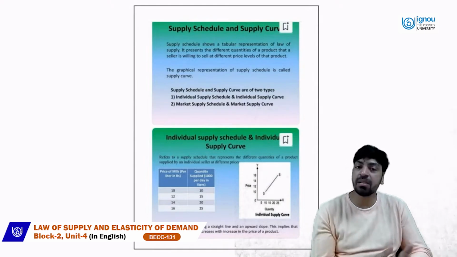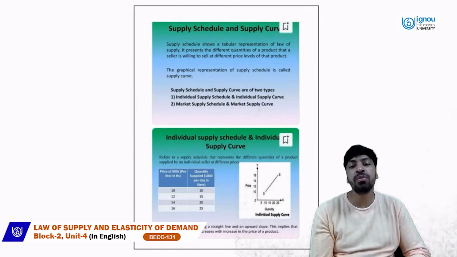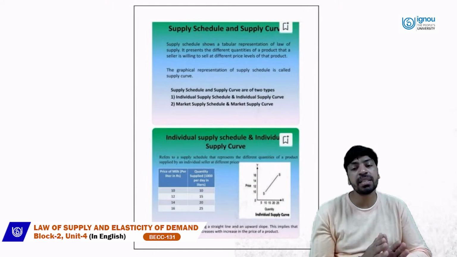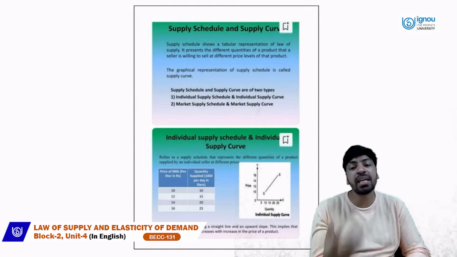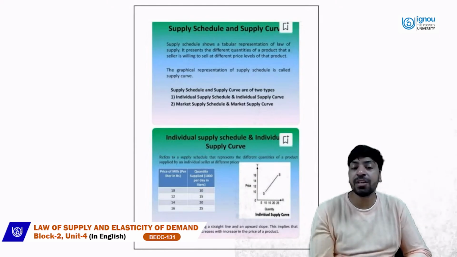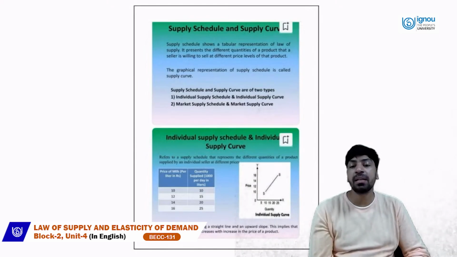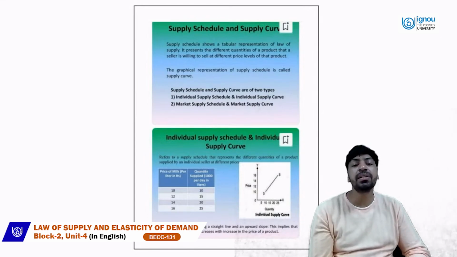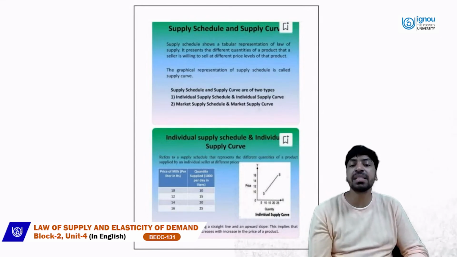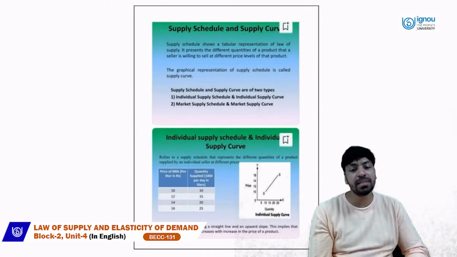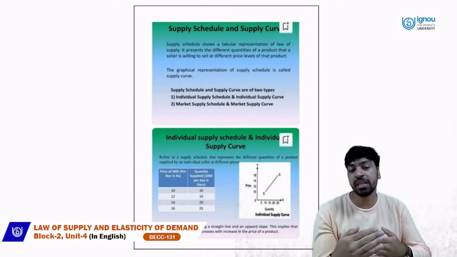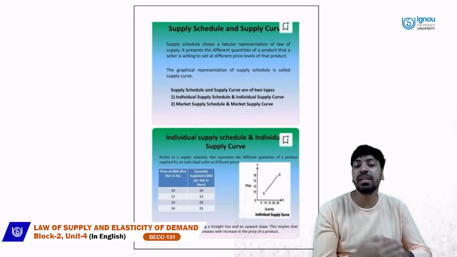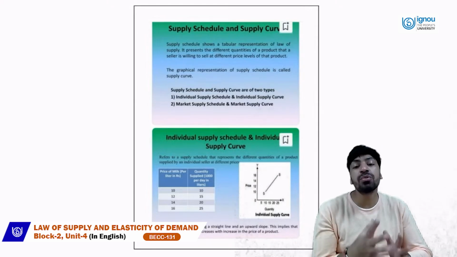On the basis of the individual supply schedule, a learner can easily derive the graphical representation of a supply curve. You can see on the screen the price of milk per liter in rupees: 10, 12, 14 and 16, increasing by a difference of 2 rupees.